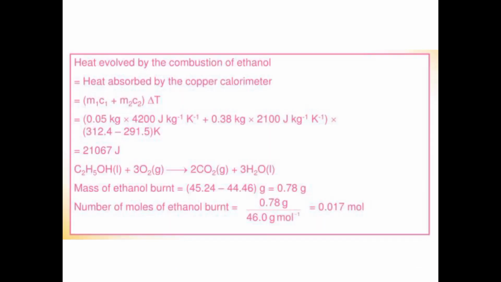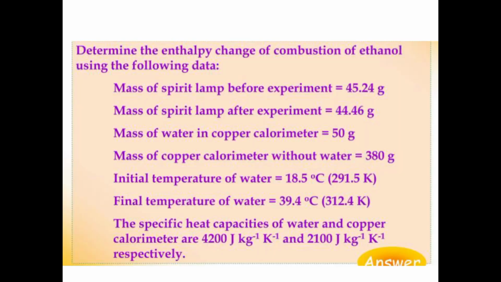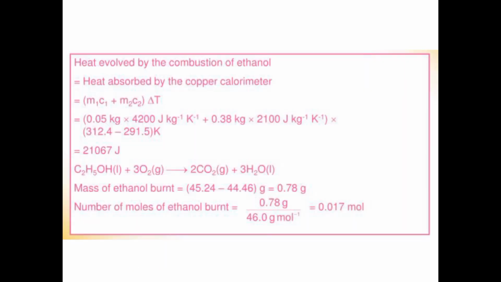Multiply by specific heat capacity of water, which is 4200. Plus the mass of copper calorimeter, which is 380 gram divided by 1000. That's 0.38 kilogram. Plus specific heat capacity of the calorimeter, and then the temperature change that occurs there. So your Q here is 21067 joules.